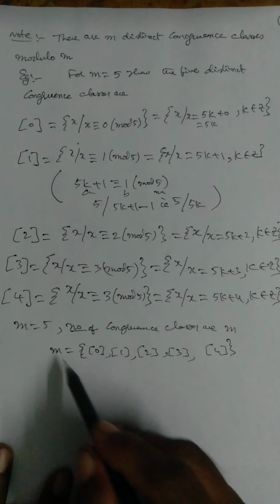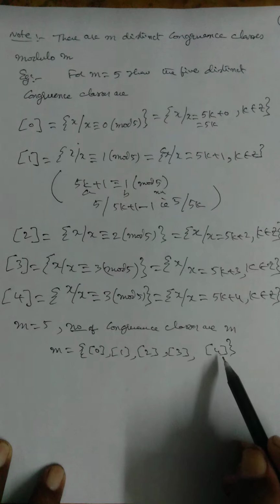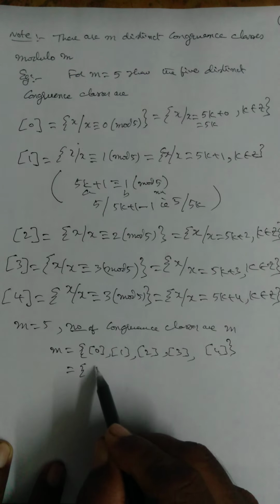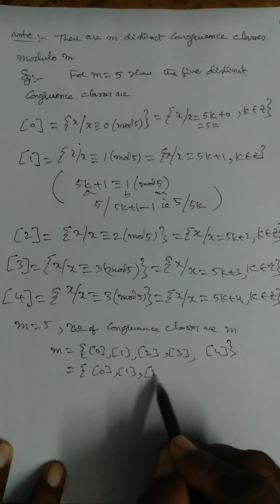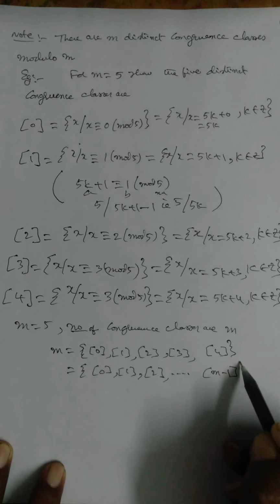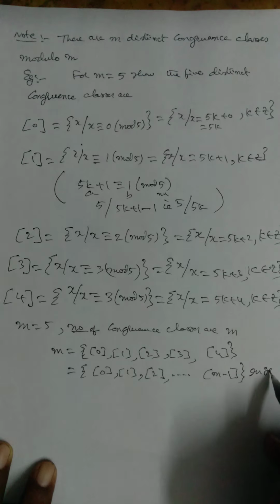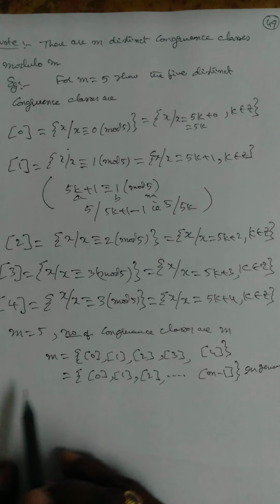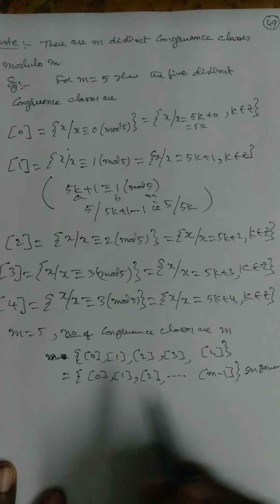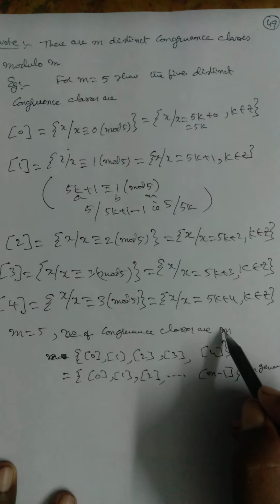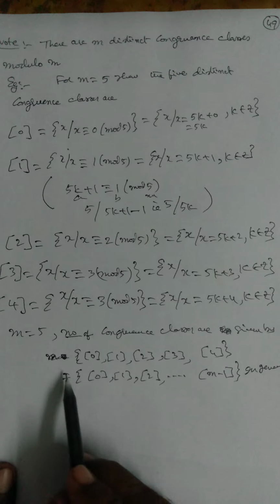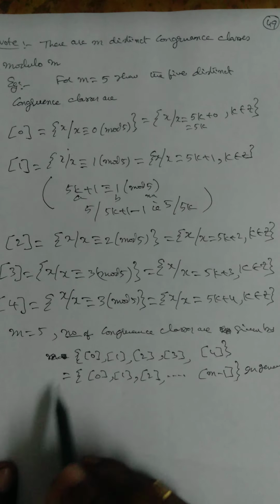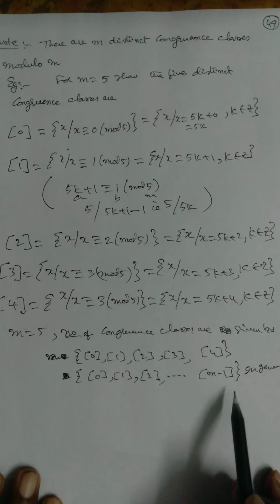The last class is nothing but m minus 1: 0, 1, 2, and so on up to m minus 1. In general, m minus 1.